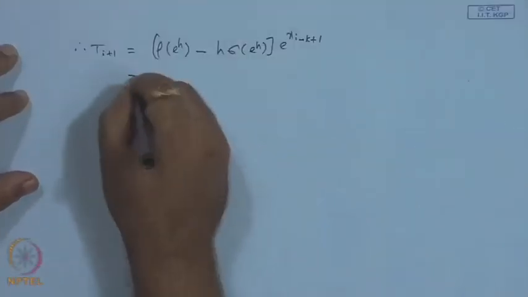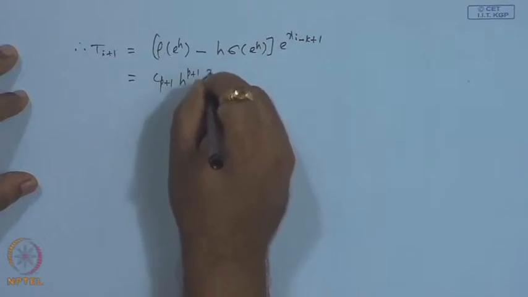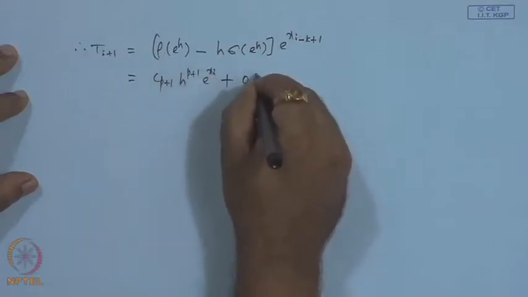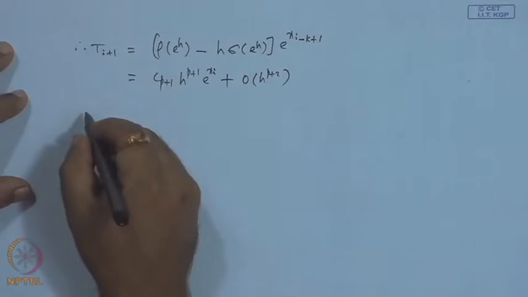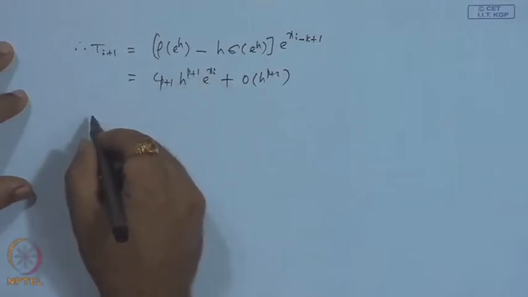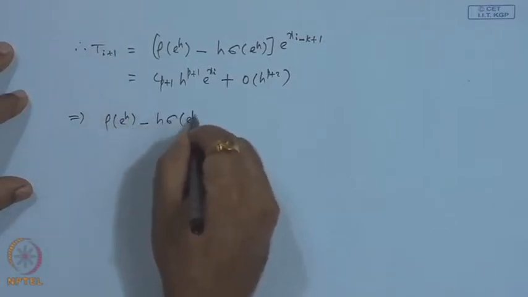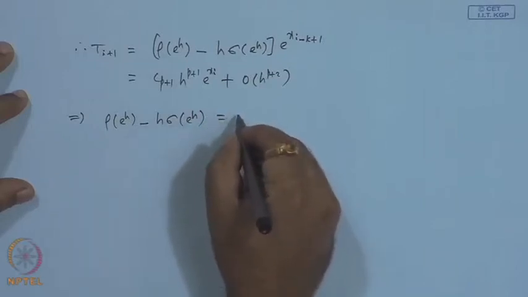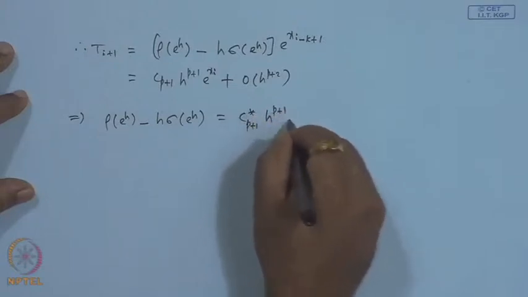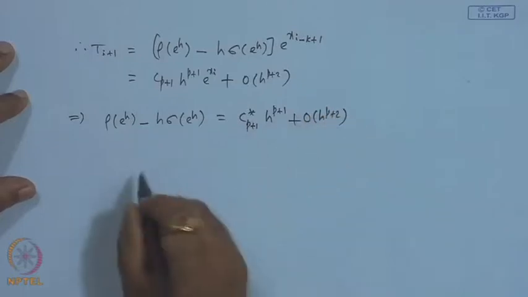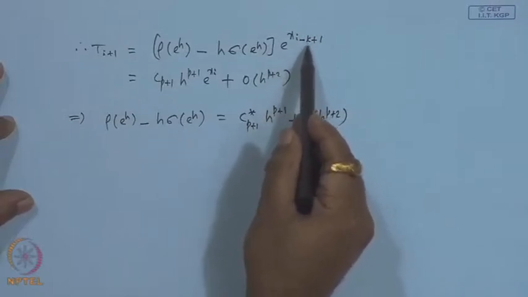So, but then this must be equal to... From these two we can... By some terms of this will be left, that is e power 1 minus k.